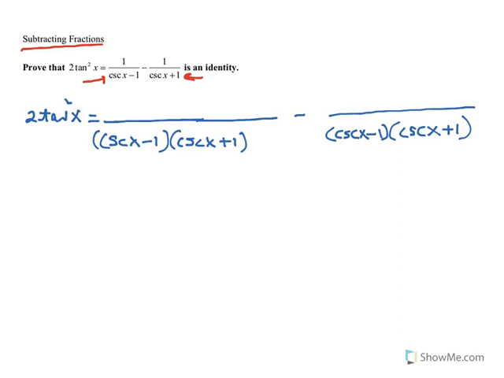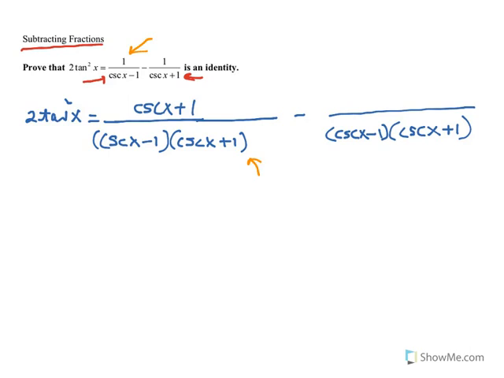And now that we have a common denominator, now we need to adjust the numerators. So if we look at the first fraction, what did we need to multiply into the bottom? We had to multiply in a factor of cosecant x plus 1. So we need to multiply the top of the original fraction by the same thing. So 1 multiplied by cosecant of x plus 1 is cosecant of x plus 1.